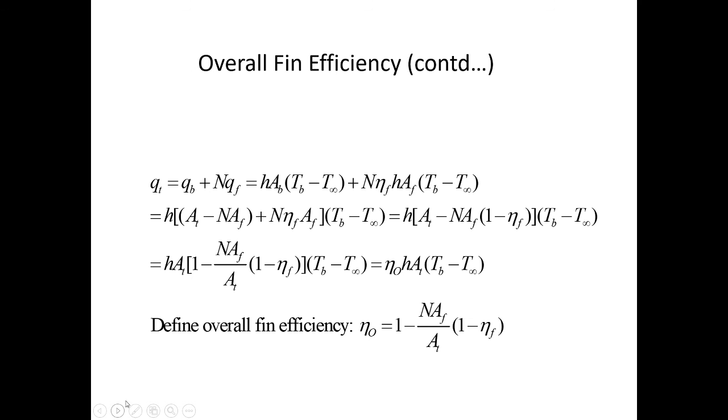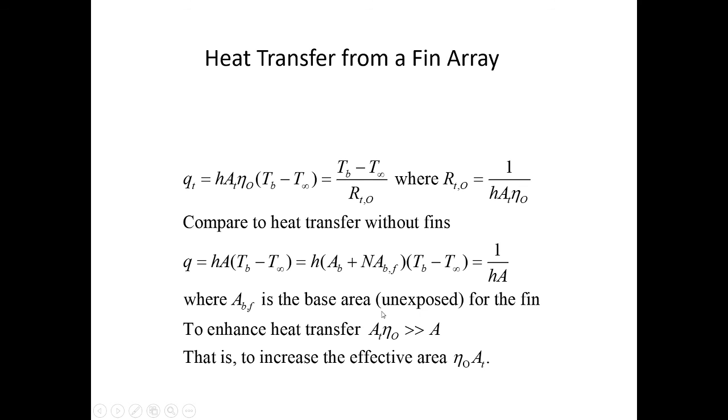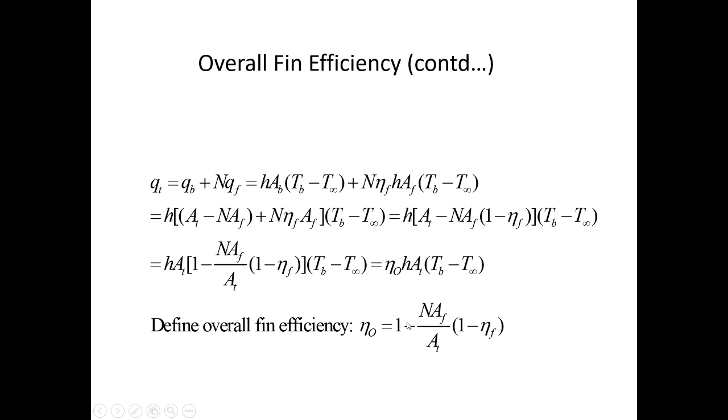Overall fin efficiency: Qt equals Qb plus N Qf, and after putting in all of these values, we get Qt equals eta 0 h At into Tb minus T infinity. When we further simplify, we get the overall fin efficiency value, that is 1 minus N Af upon At into 1 minus eta f, where eta f is the fin efficiency.